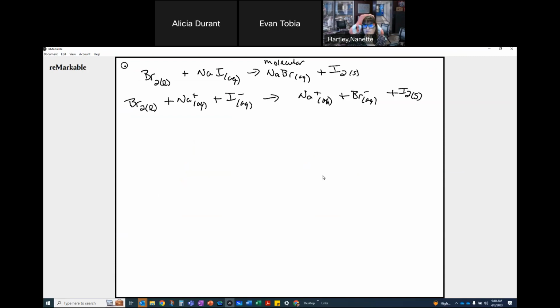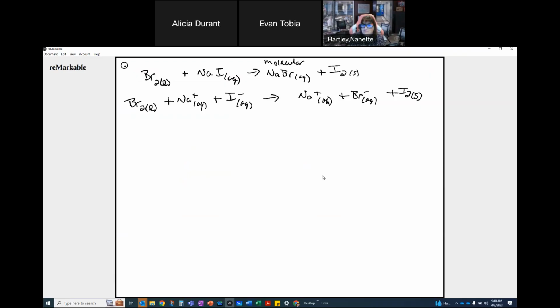And then it says to balance it, and this is clearly not balanced. Well, the sodium is balanced, but bromine is not, because we have 2 on the reactant side and 1 on the product side. Okay. So how are you going to fix that? Let me write it down. So we have 1 and 1, and then 2 and 2.